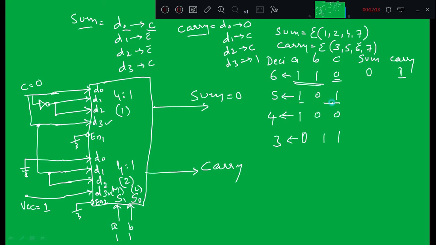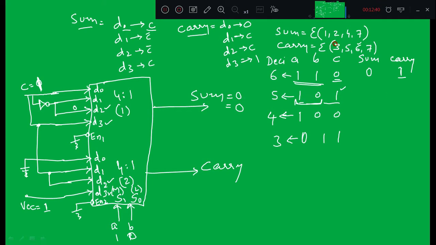Next, 5. What is the select line? Select line is 1, 0. Which data line is selected? D2 is selected, and here also D2 is selected. What is D2? D2 is connected to C bar here, but what is C here? C is 1. Since C is 1, C bar is equal to 0, right? So D2 is equal to 0, sum is equal to 0.